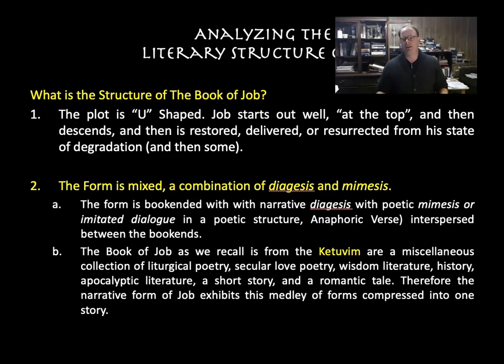We've got a grasp of the plot or the content. Let's look specifically at the literary structure here, which is to say there is a U-shaped plot. And by that I mean, very simply, Job's life starts out at the top. It's the best it can be. Then he hits the bottom, rock bottom. He's lost everything.